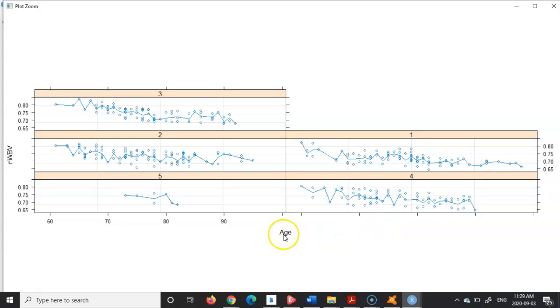The x-axis is the age, the y-axis is the normalized whole brain volume, and you see that there are different patterns and variations between the people with respect to the brain atrophy with respect to age. You see that the people with the highest level of socio-economic status may have a different slope from the people who are spending their life in a lower socio-economic status.